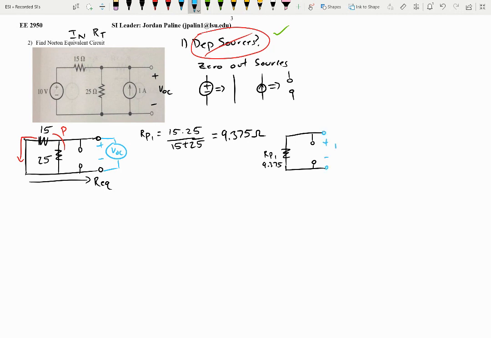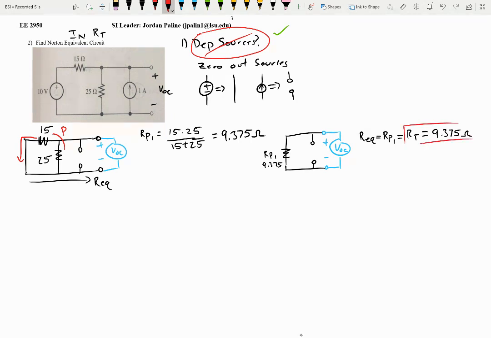We have plus and minus VOC. Yep. We'll notice that R equivalent is equal to R parallel 1, so only resistor, and that'll be equal to R Thevenin. So R Thevenin is 9.375 ohms.